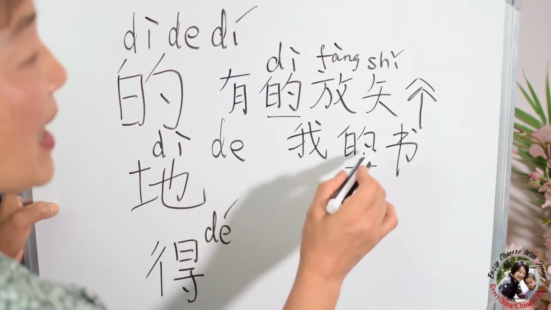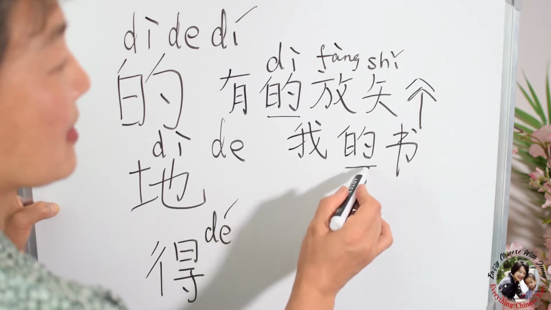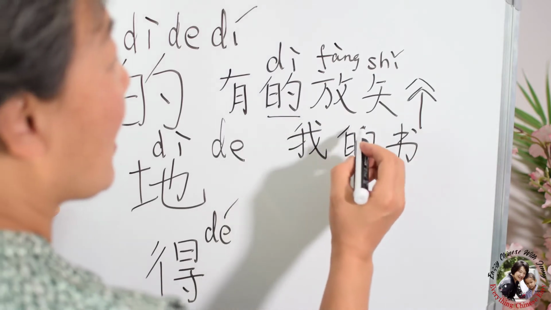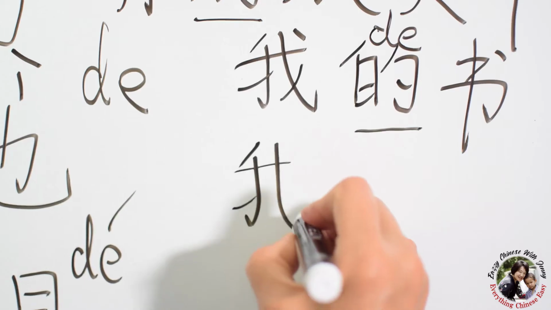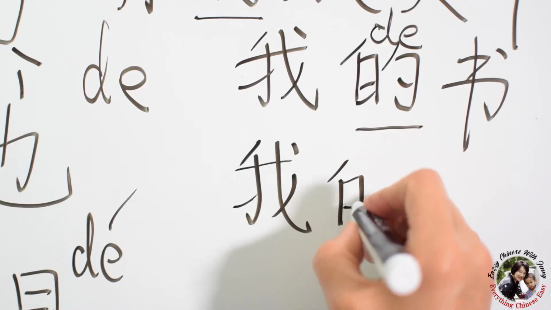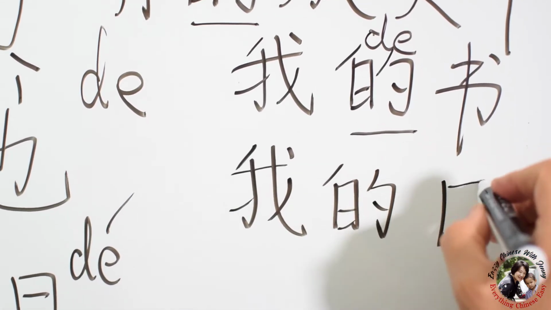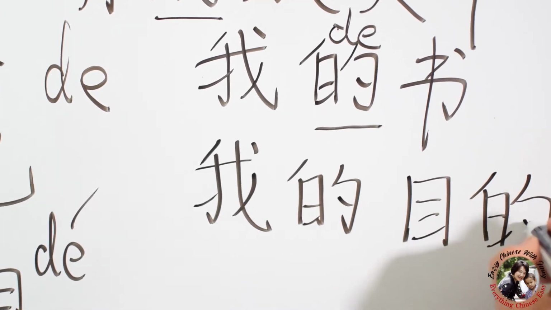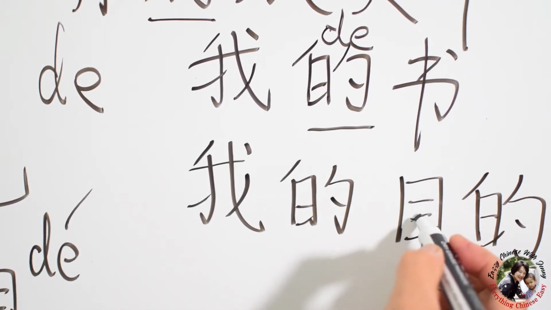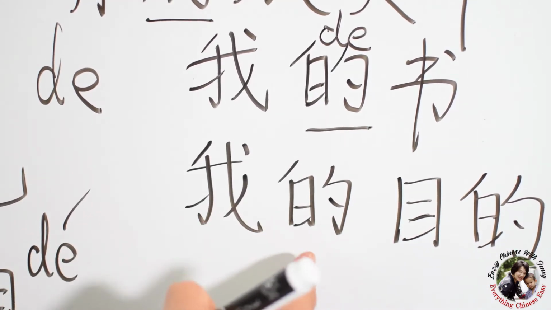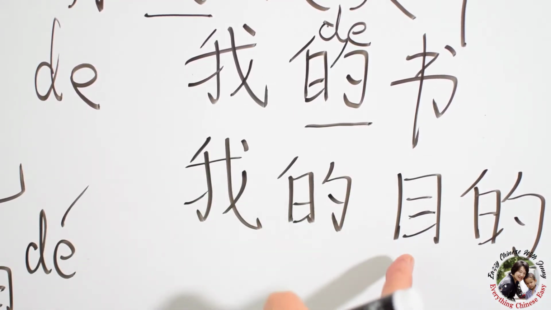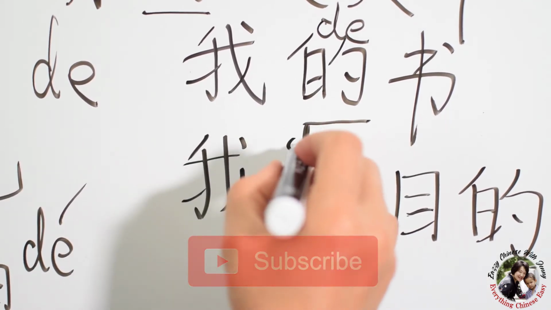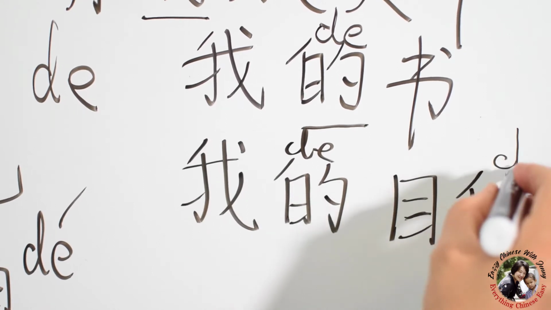If you say my book, just add this character, but here the pronunciation is de. 我的目的, see, because they are put in a different position. 我的 means my target, my purpose. So here the pronunciation is de, here is di.